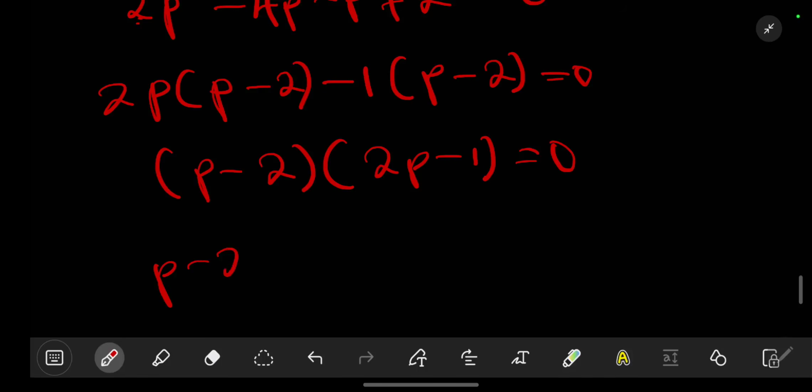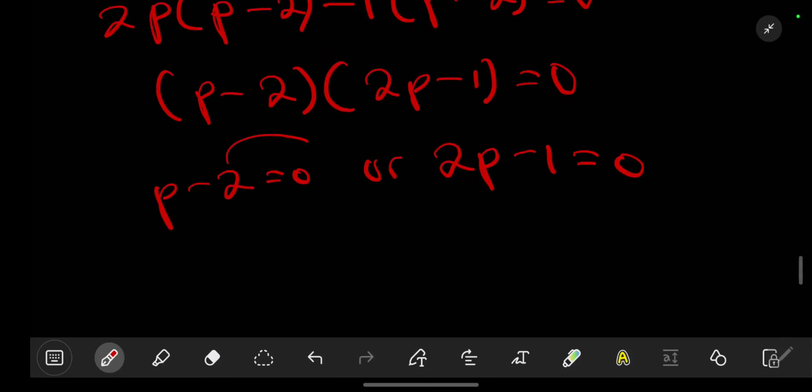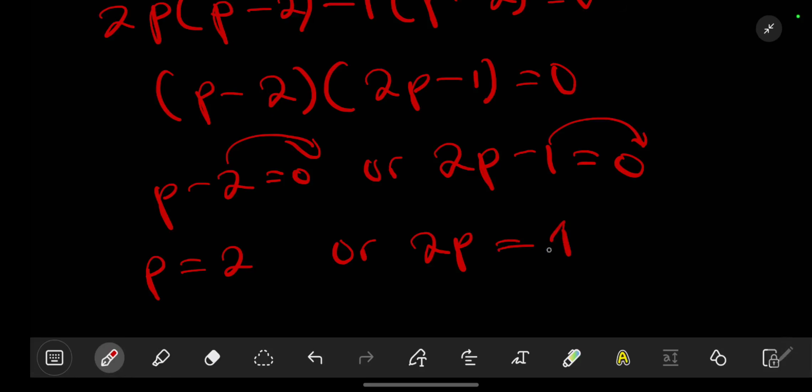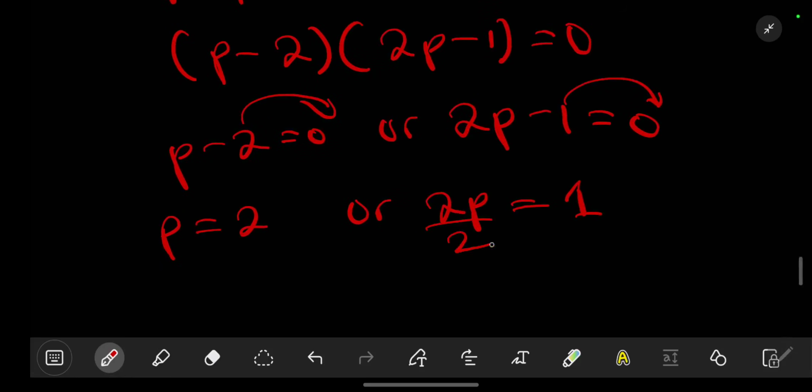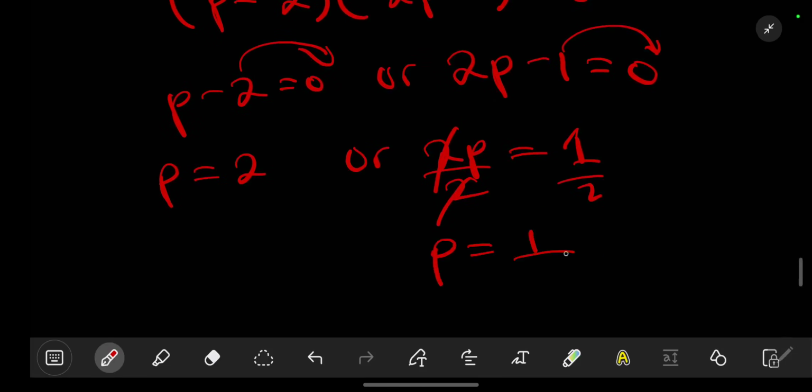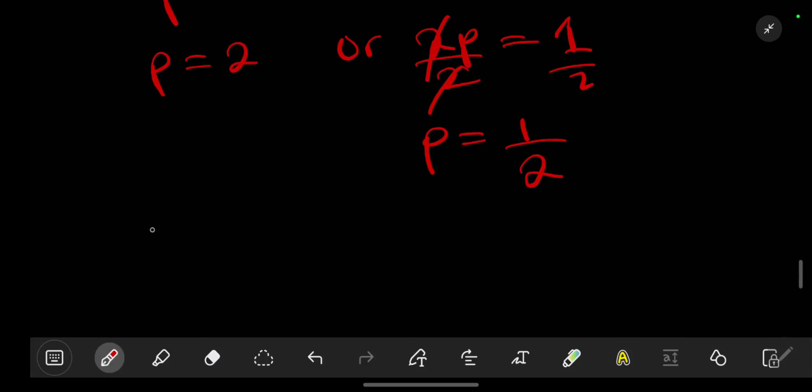So it says that p minus 2 is equal to 0, or 2p minus 1 is equal to 0. Taking it this side, p is equal to 2, or 2p is equal to 1, so p is equal to 1 over 2. So those are our values of p.